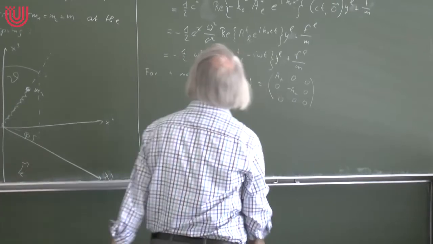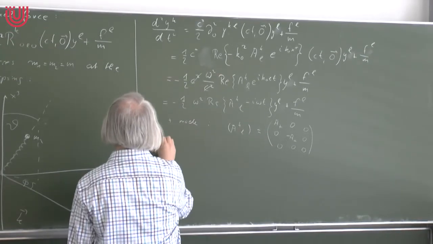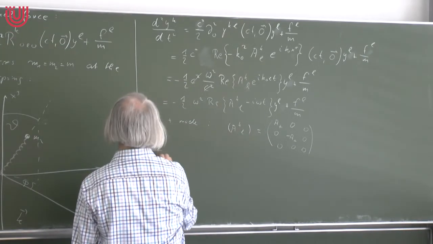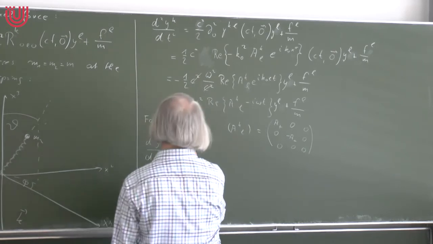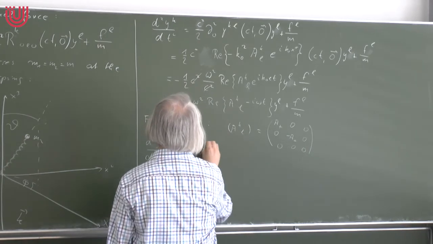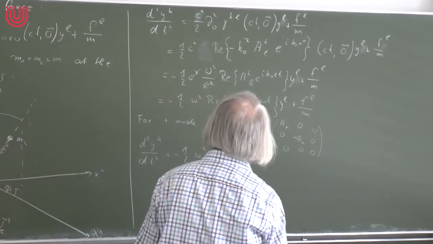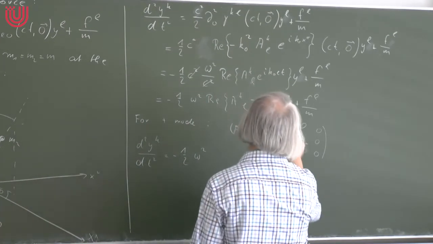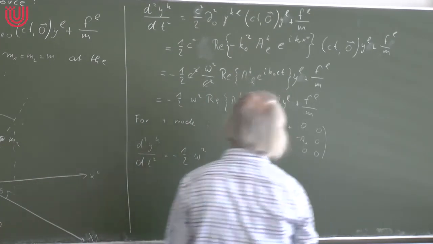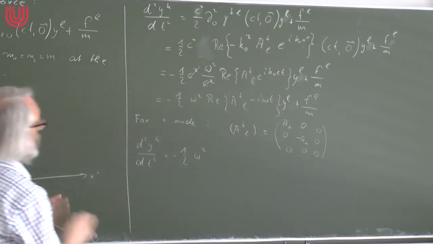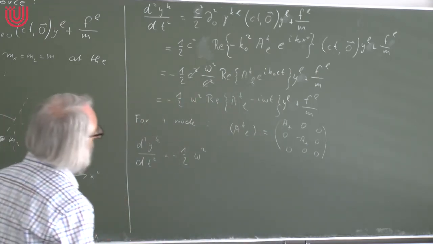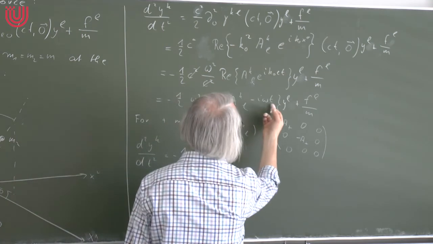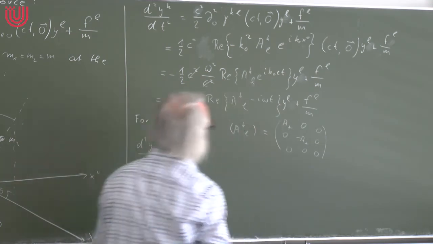Okay, so I have d2 yk by dt squared is minus 1/2 omega squared. I have only one mode, so I don't have to care about the phase factor. I can choose my initial time t equals 0 in such a way that A plus is real.